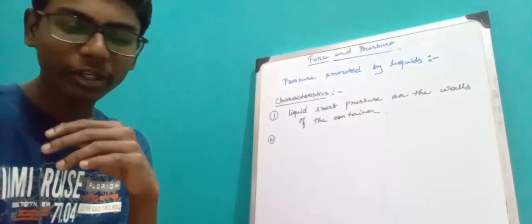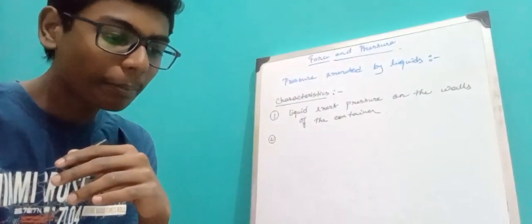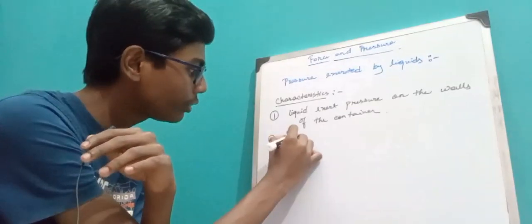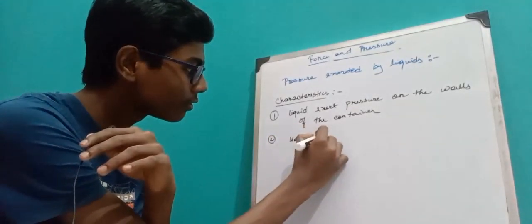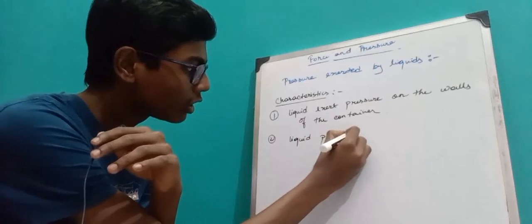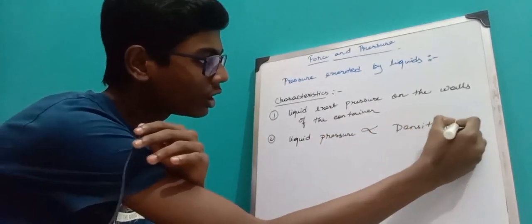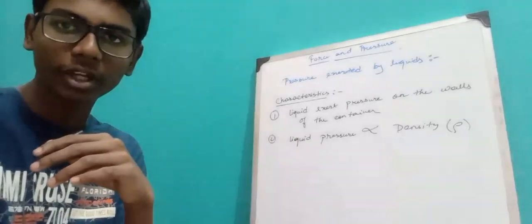That is your lateral pressure. Second, the pressure exerted by liquid is directly proportional to density. So liquid pressure is directly proportional to density rho. So the more the density, the more is the liquid pressure.